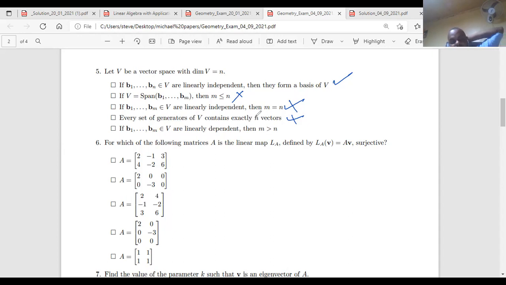So the only time there would be n vectors is when they are independent. If he was talking about independent individual vectors in V that are generators, if they are independent, they would be n. But here he's not specific. He's just picking a set of generators of V. So the fact that he's not specific makes us conclude that this is not true.